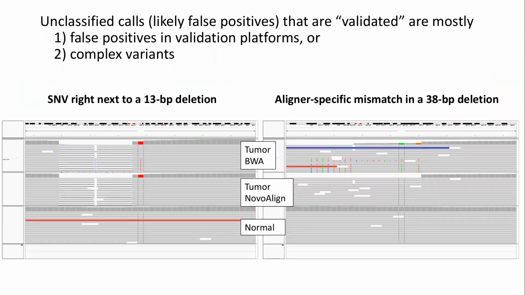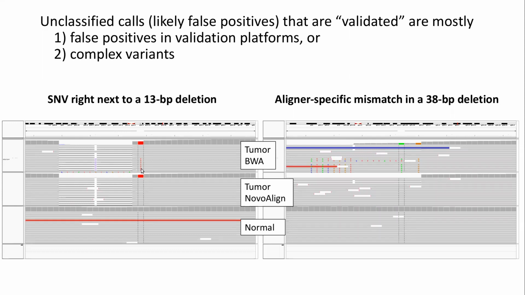And we also looked at some low confidence and unclassified calls that are seemingly validated in the validation platforms, to see what's going on. Most of them belong to two classes. Why are they validated? One is complex variants. On the left, this is a tumor alignment.